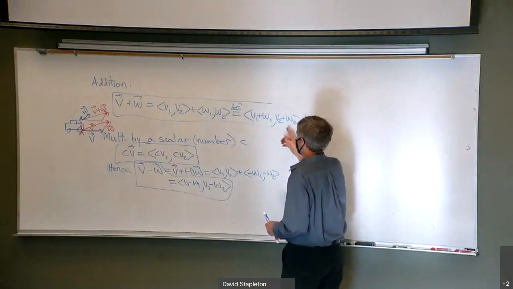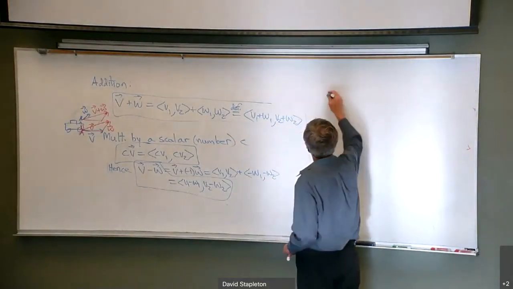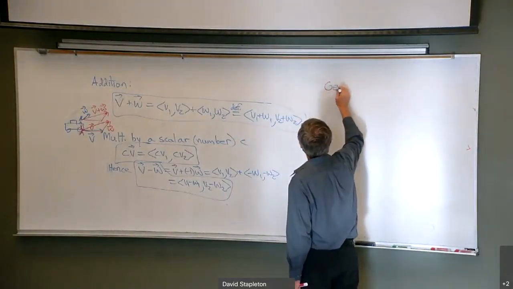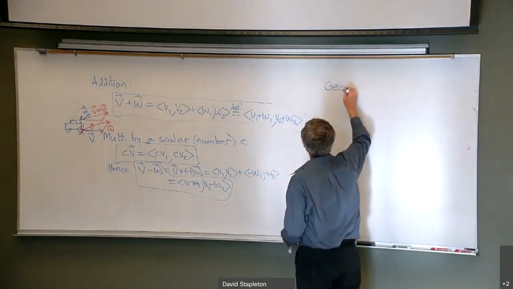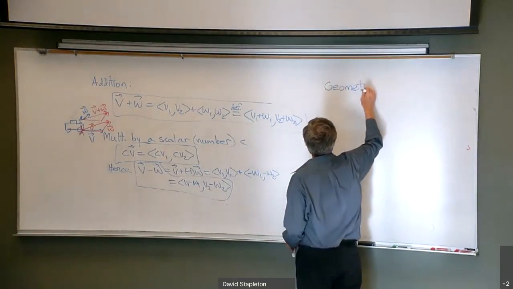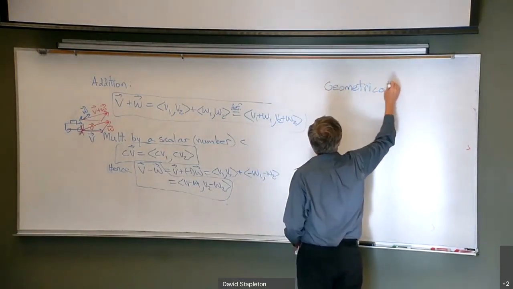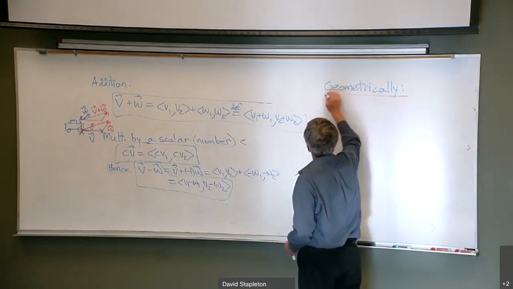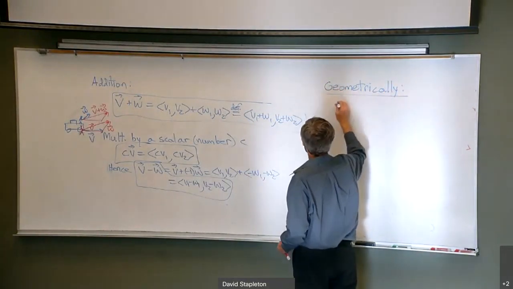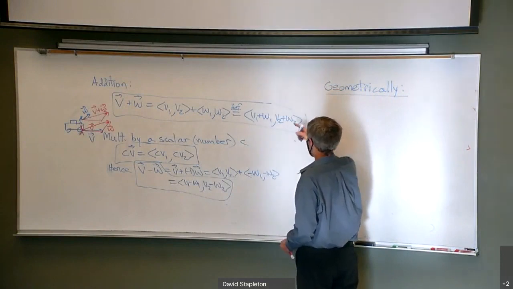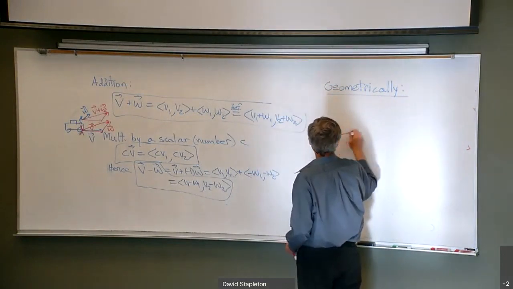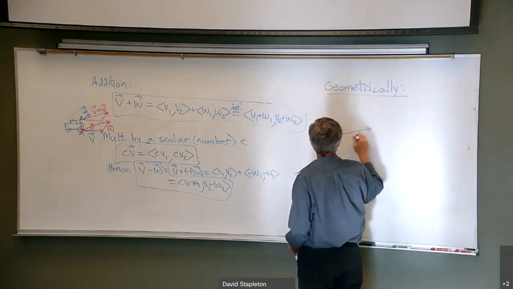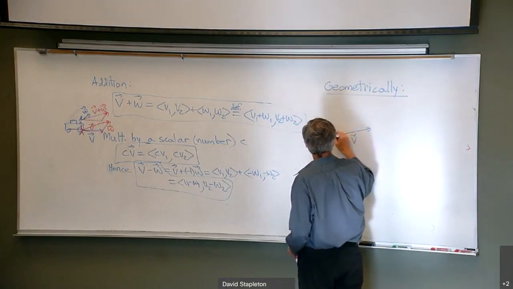But what you notice from this definition is that there's some very interesting geometry that occurs. You have to think about it for a minute, but here's v, here's w.